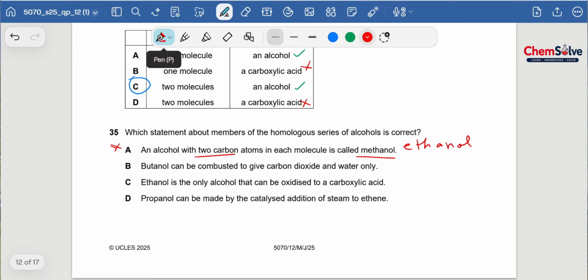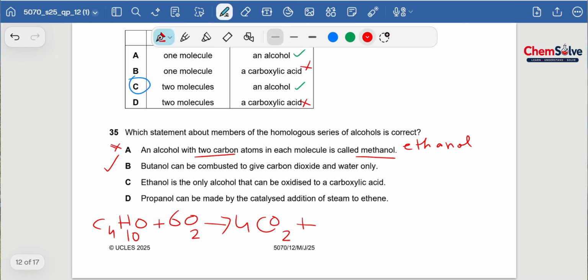This statement seems to be correct because an organic compound on complete combustion produces carbon dioxide and water only. So we can write down the equation as well. C4H10O plus 6O2 produces 4CO2 plus 5H2O.